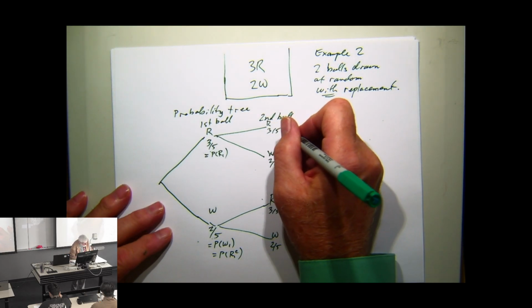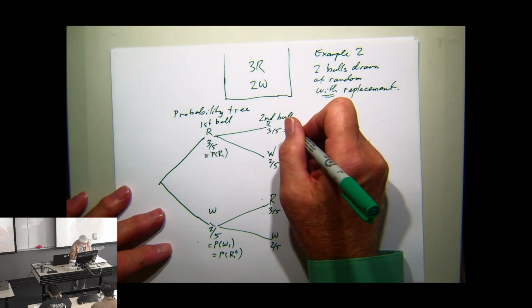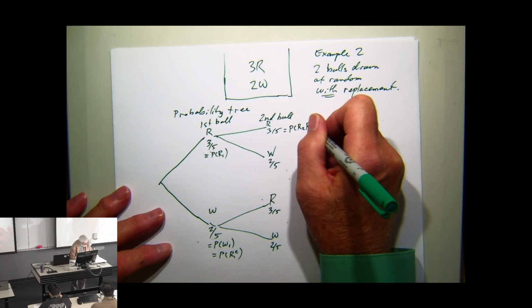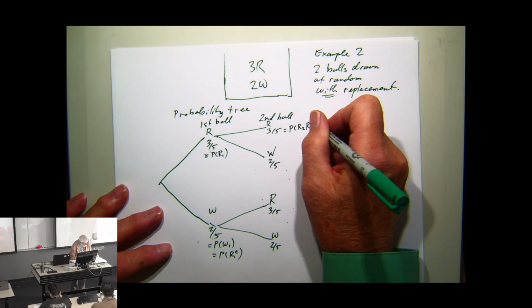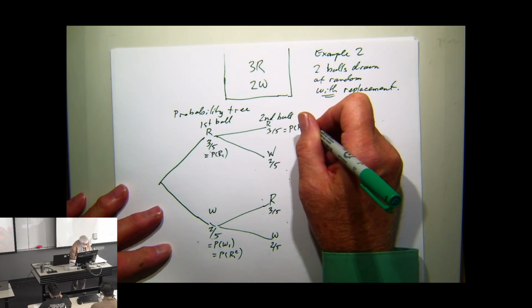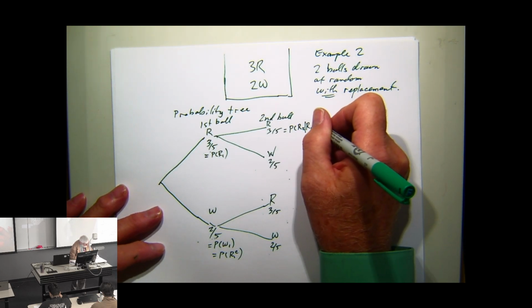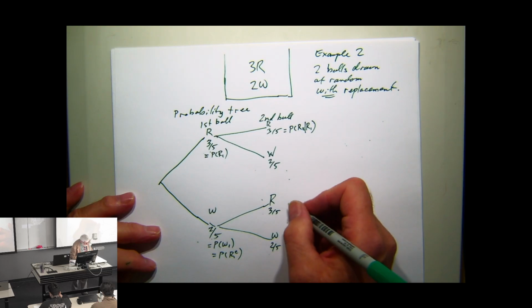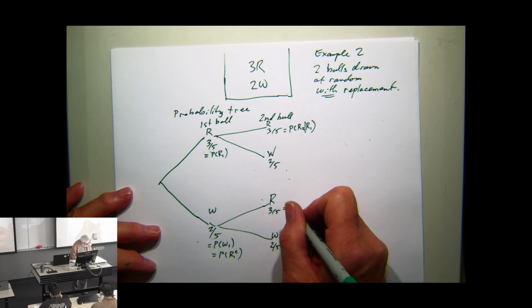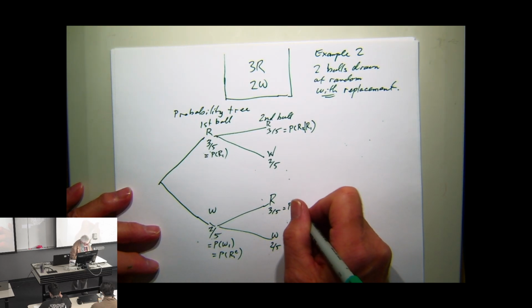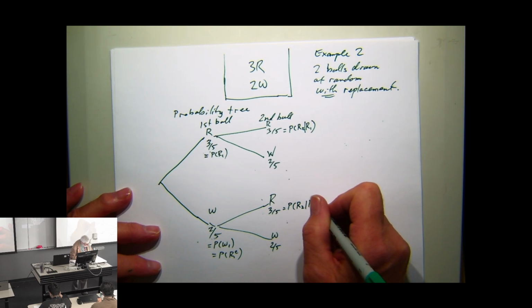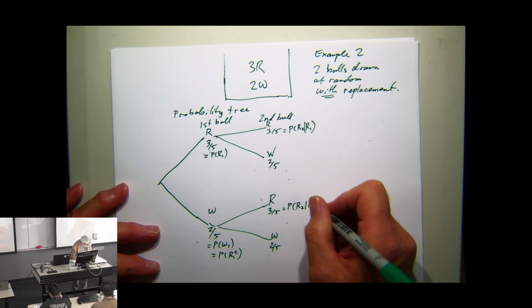And this is indeed the probability of getting a red on the second, given I got a red on the first. Oops, I forgot my line there. Red on the second, given that was a red on the first. And this one down here was the probability of getting a red on the second, given I didn't get a red on the first. In other words, I did get a white on the first.